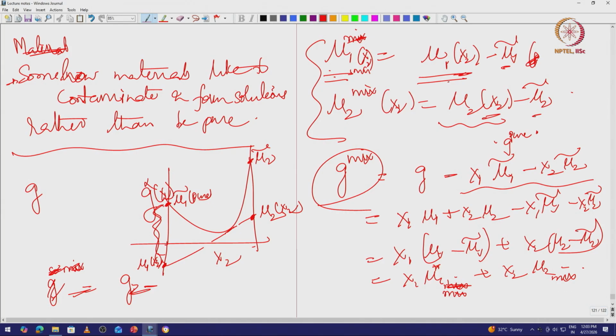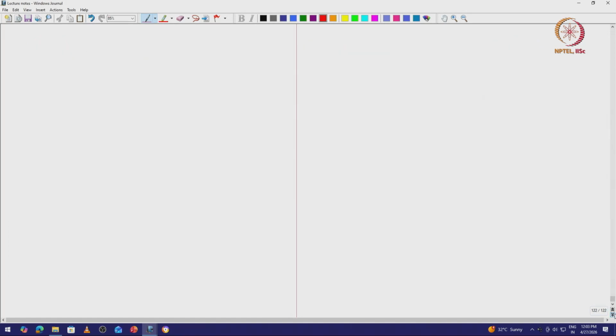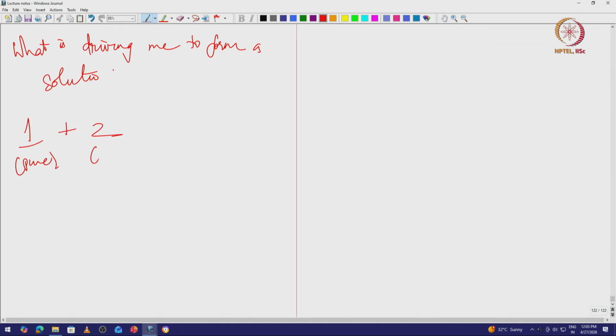Now, what is driving me to form a solution? I have two pure phases, 1 plus 2, this is pure 1, this is pure 2, and it is forming a solution 1 2 of composition X2. Okay.